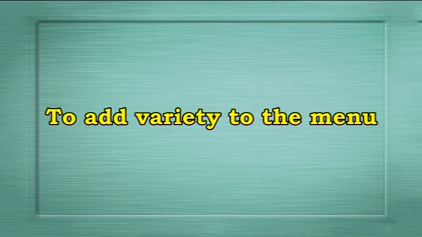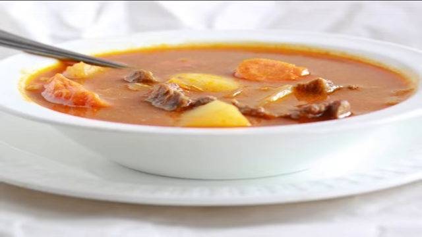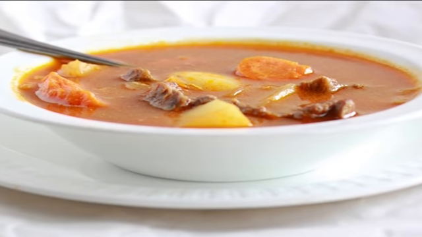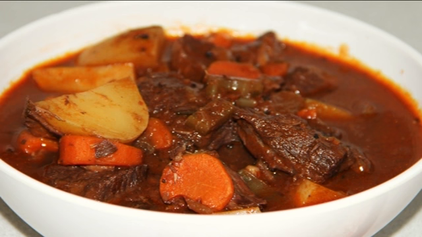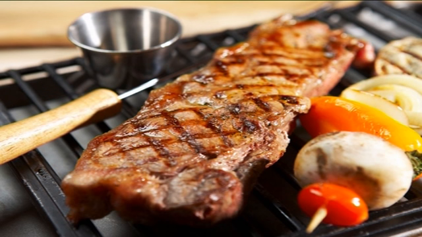To add variety to the menu. It is possible to cook one single item in many ways. This could facilitate change in texture and also result in new flavors. For instance, meat products can be cooked in various forms such as soup, stew, dry roasted products and grilled products.